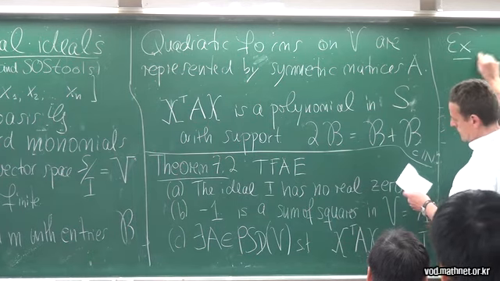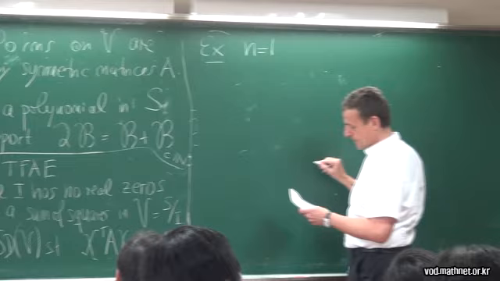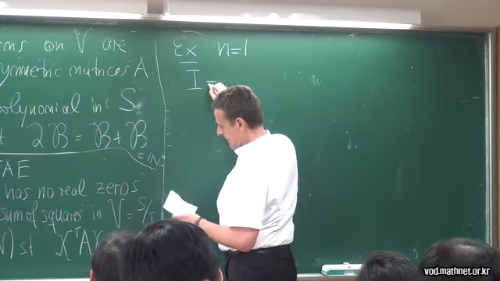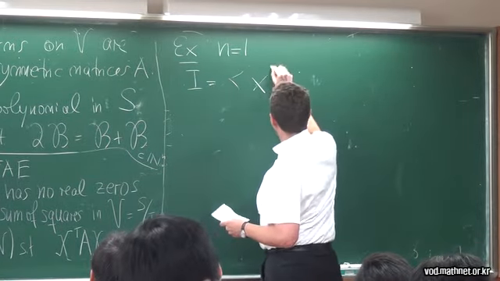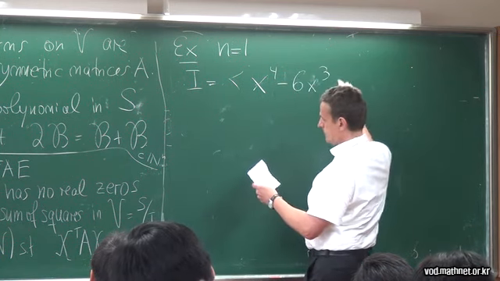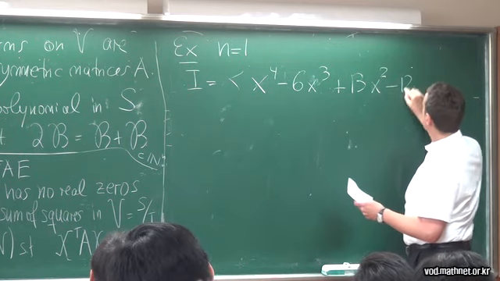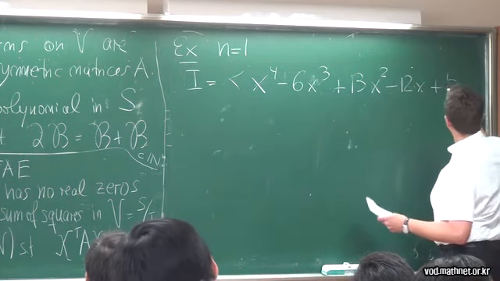Just to make sure we understand, let's do an example in one variable. Let's look at the ideal I that's generated by x to the 4th minus 6x cubed plus 13x squared minus 12x plus 5.